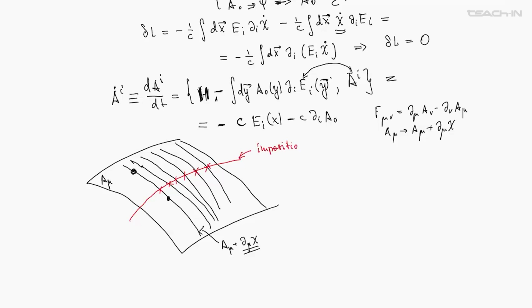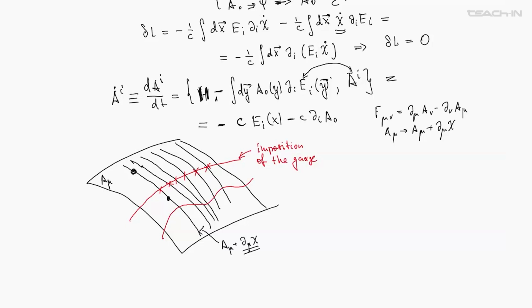But it's clear that you can impose the gauge in different ways. You can pick different conditions in order to pick a unique representative from each orbit. So there is a certain freedom in imposition of the gauge.